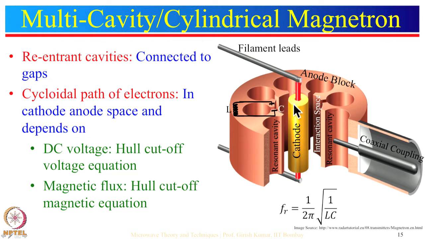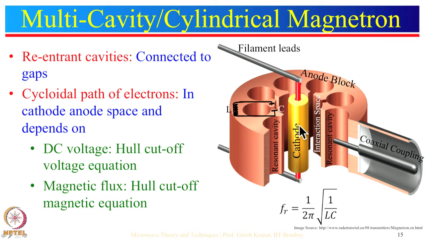Now, one more thing: the DC voltage is applied between cathode and anode, and the magnetic field is applied along the axis of the cathode. So, the electric field is radial in this plane and the magnetic field is in this direction. The electric and magnetic fields are perpendicular to each other, and by varying the DC voltage V0 and the magnetic field, the path of electrons can be changed.